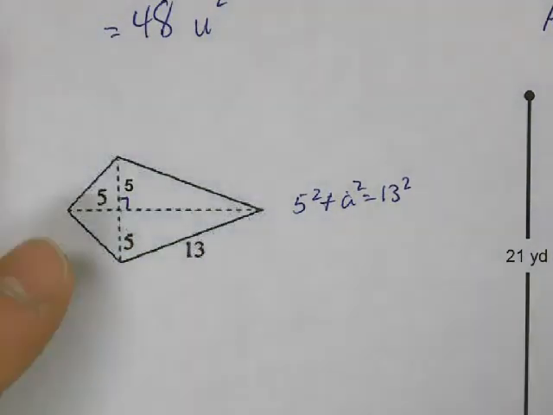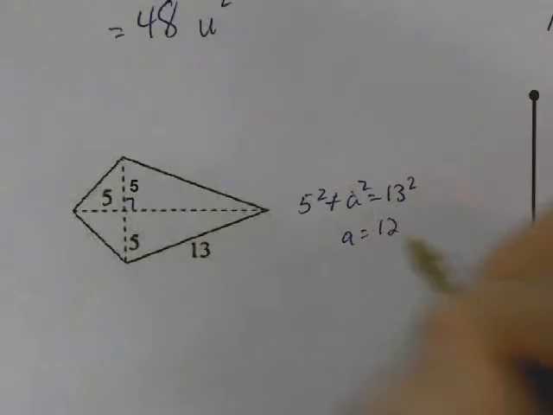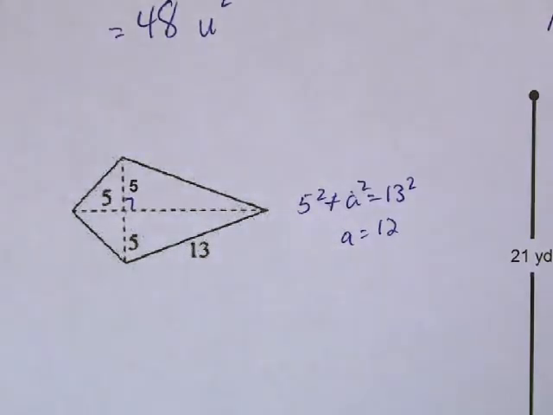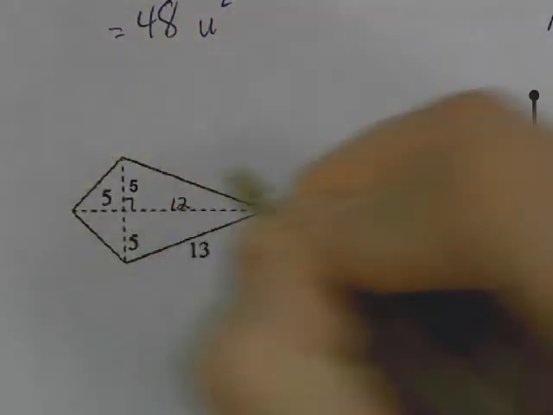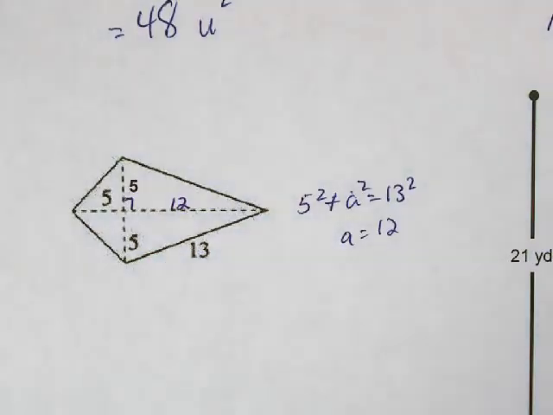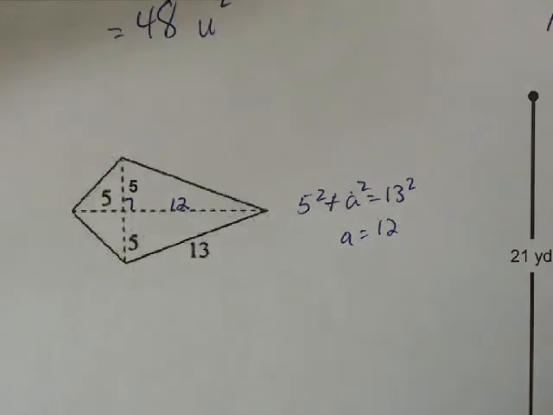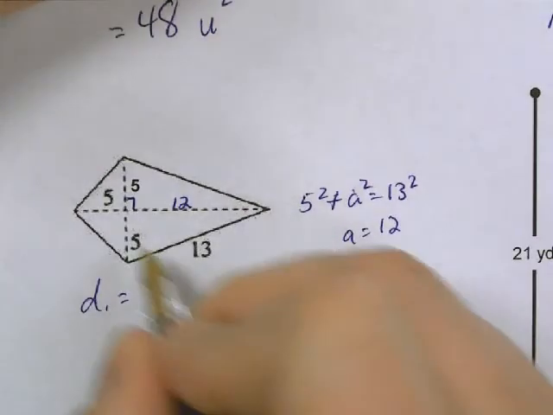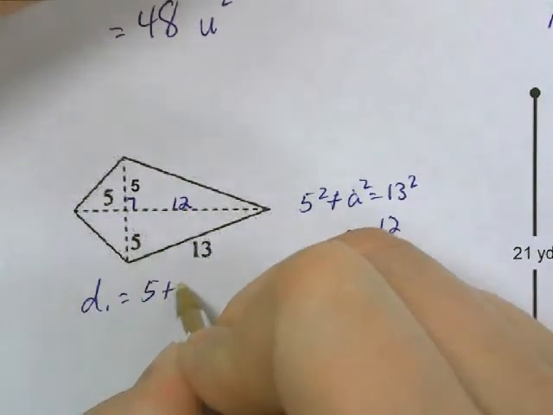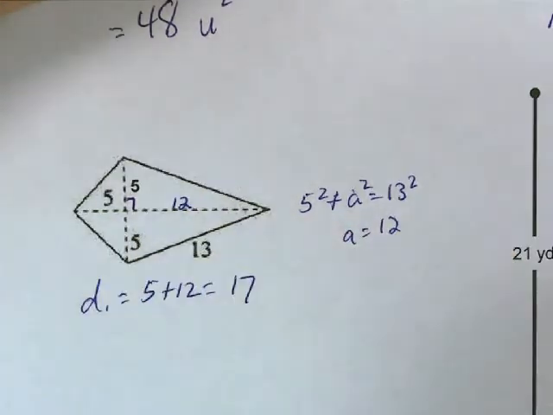And so again, we've already worked this out, so I'm not going to work it out again. A is going to be 12. We worked it out on the other side because that's a 5, 12, 13 triangle. So this is 12 right here. All right, so here's what we have. We've got 2 diagonals. Let's just say this is D1, diagonal 1. Well, that's going to be 5 plus 12, which is 17.